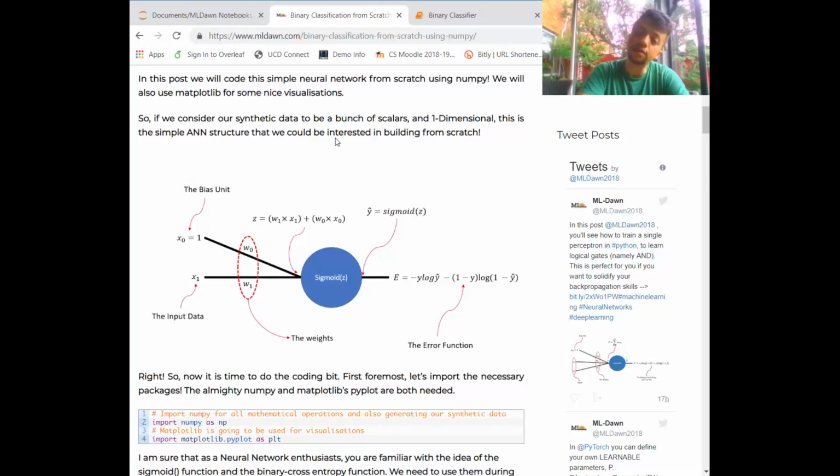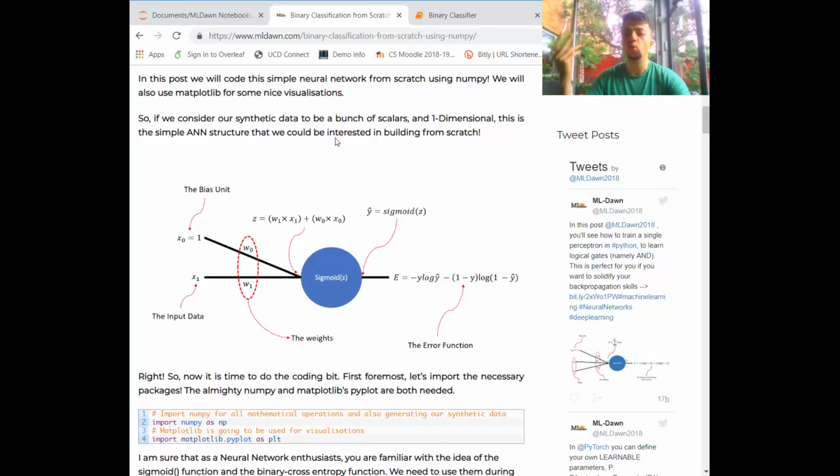You've got two weights that you want to train, and these weights help you to linearly combine your input and the bias unit. That would be W1x1 plus W0x0, and that would be your Z, which is basically the input to the sigmoidal unit. Then using the sigmoid function, you squash the values of Z between 0 and 1, and that would be the output of your network, or y hat.